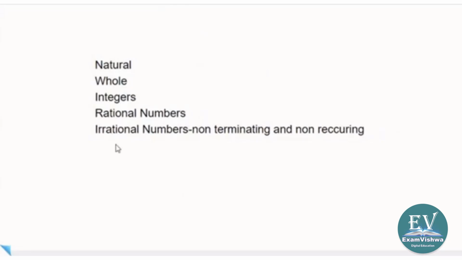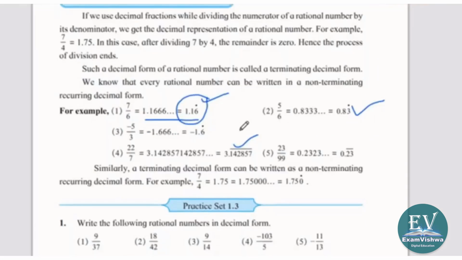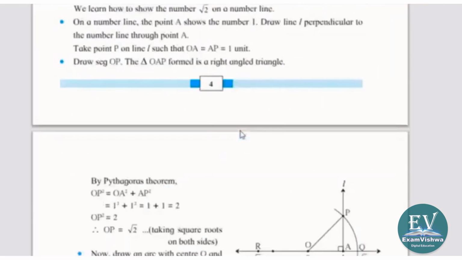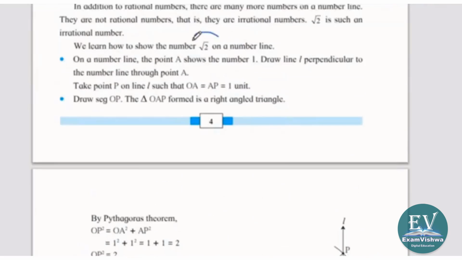Okay, so please remember that irrational numbers is a new introduction, and your textbook is talking about irrational numbers next, and the first irrational number taken into explanation is root 2.